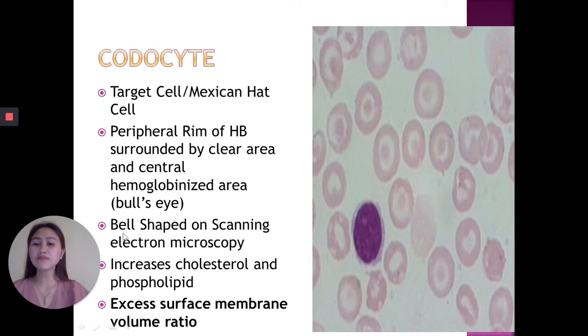It can be bell-shaped using a scanning electron microscope, and it is caused by increased cholesterol and phospholipid in the RBC membrane. Also, another characteristic of this cell is that it has an excess surface membrane volume ratio.